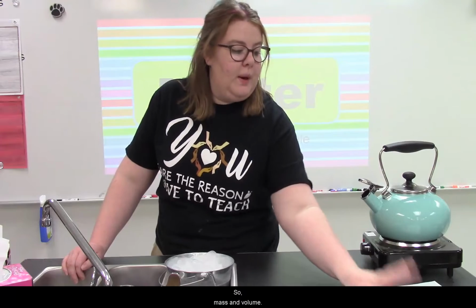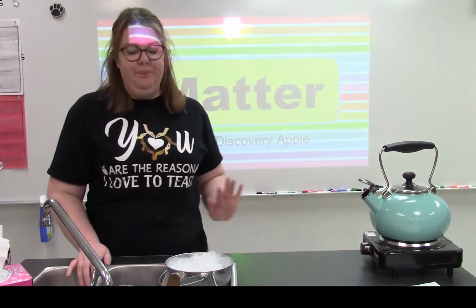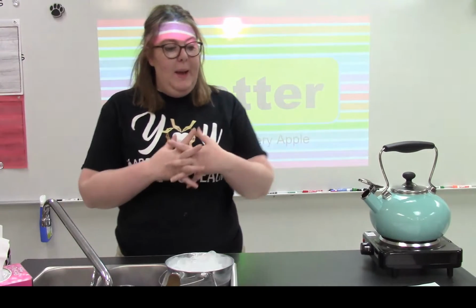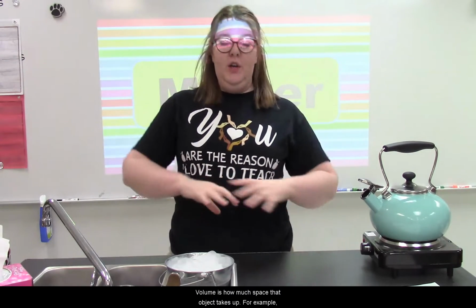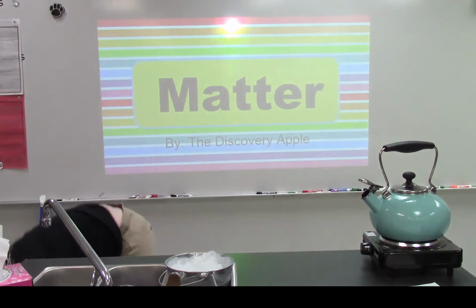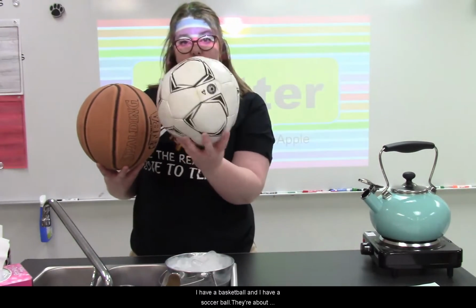So, mass and volume. Remember, matter is anything that has mass and takes up space. Mass is the amount of matter that an object has. Volume is how much space that object takes up. For example, I have a basketball and a soccer ball.